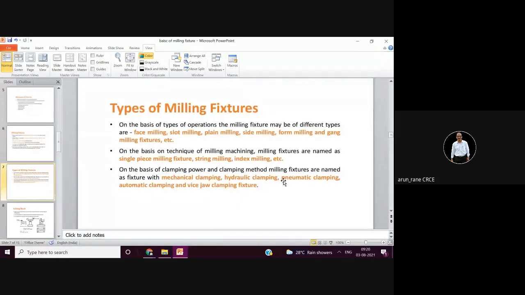You have fixtures for face milling, slot milling, side milling, straddle milling, and gang milling.